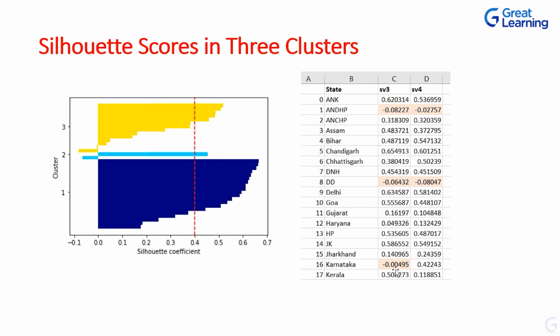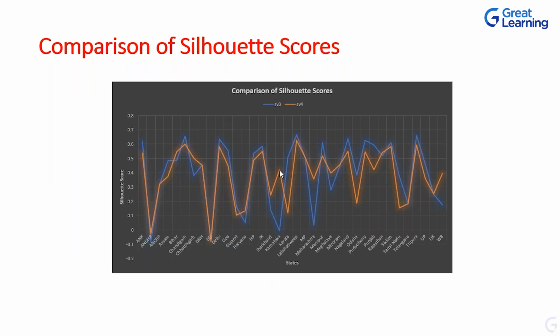But look at this number. This number is very small, 0.00495, very, very small. So it means what? It clearly indicates that Karnataka was at border. So border with regard to clustering. And we can ignore all these 3 numbers as they are small. And there is the comparison.